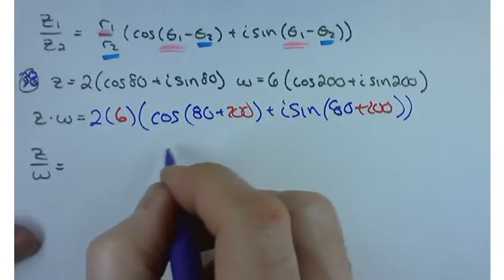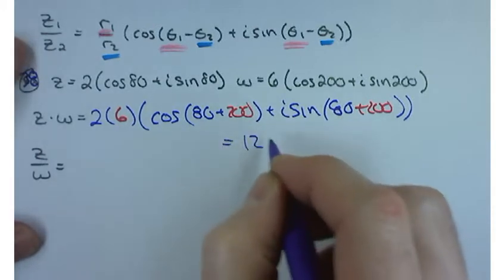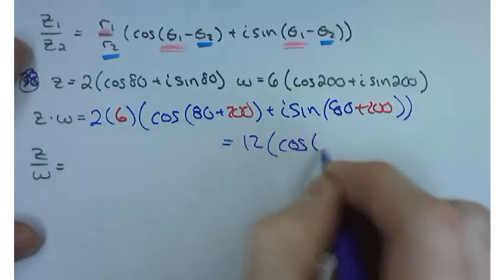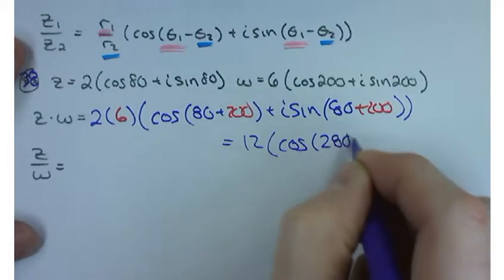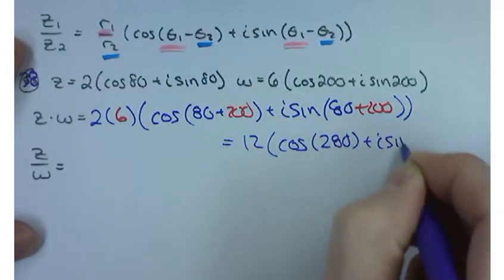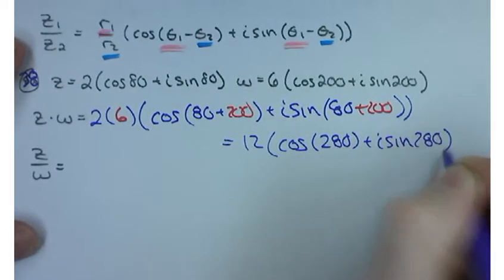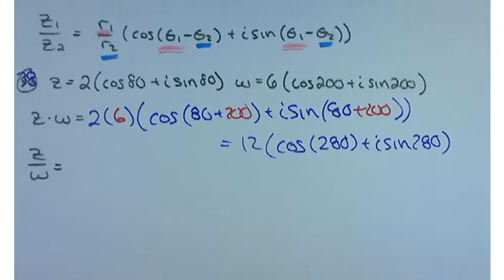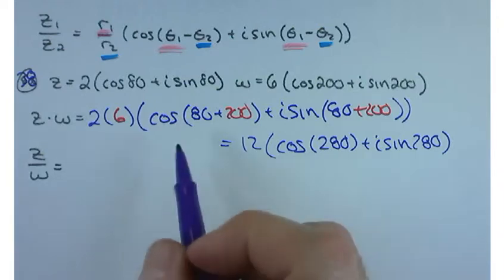In other words, 12 times the cosine of 280 plus i times the sine of 280. And that's nice. What it avoids is having to FOIL things out. It's pretty quick and actually pretty simple.